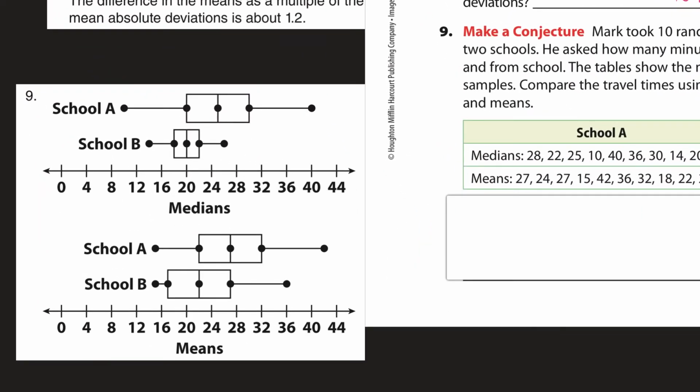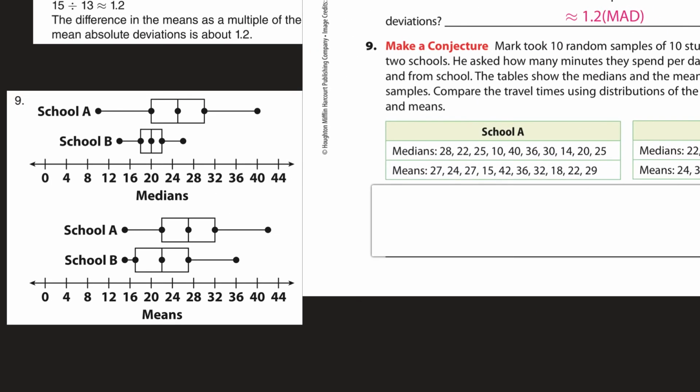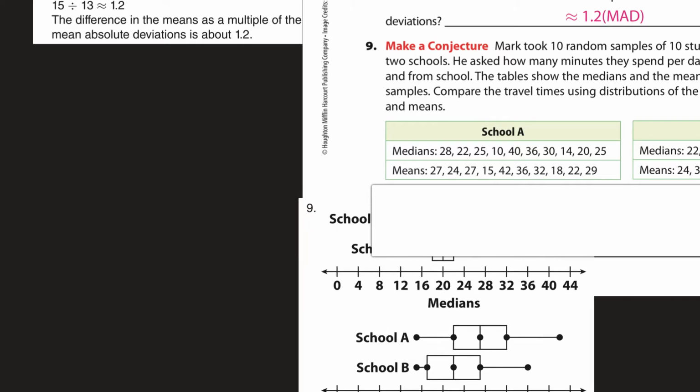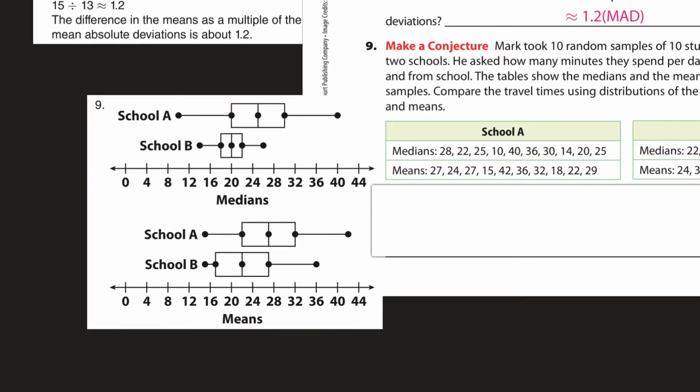So if right here, let me make this a little bit smaller and show you that the, you know what? I think I could do this. Nope, I can't. Never mind.